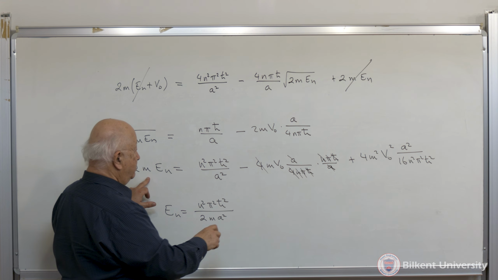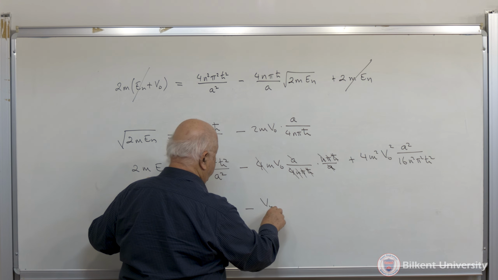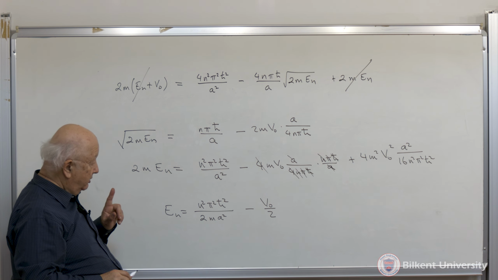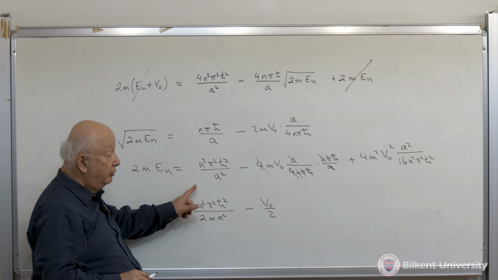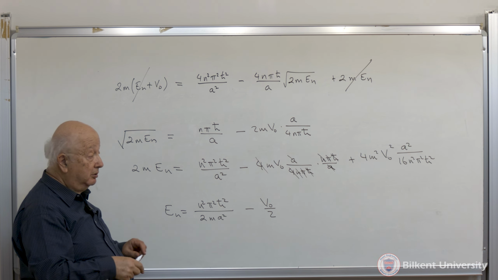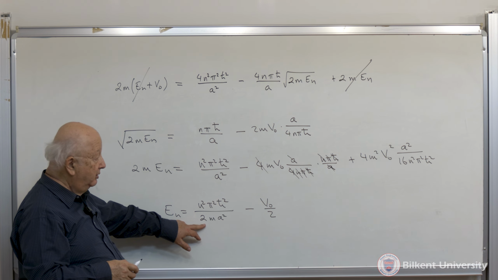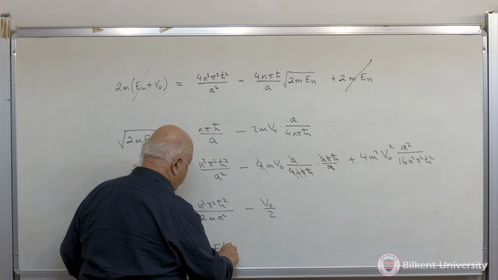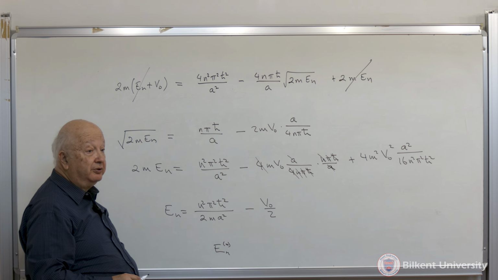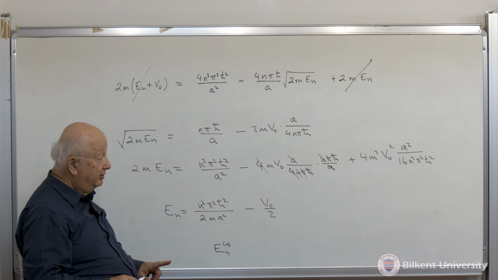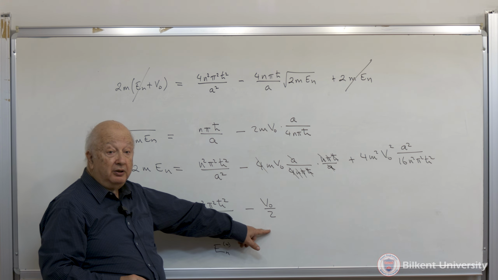There's a 2m here, so that's minus V0 over 2. So you see what we get. We get the original, simple square well energy. So if you like, this is what you can call E_n0. That's without any perturbation. If we did first order perturbation theory, this is exactly what we would get, right?